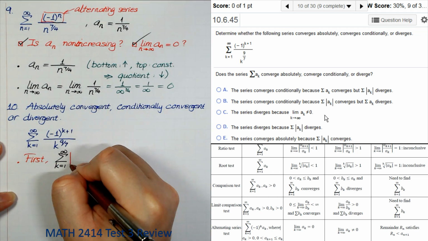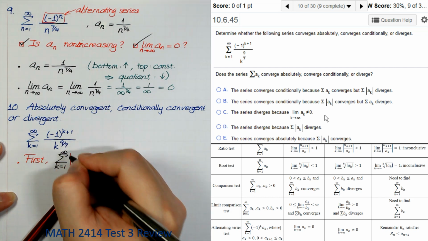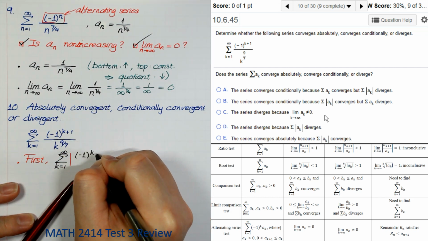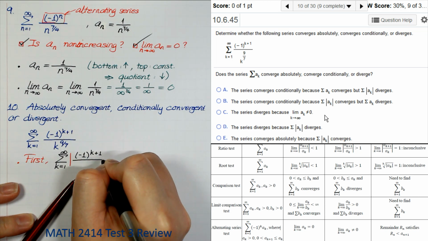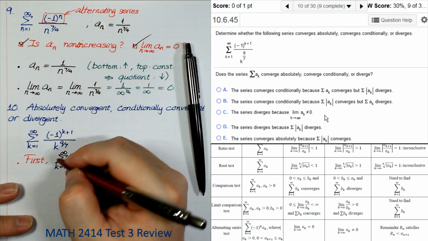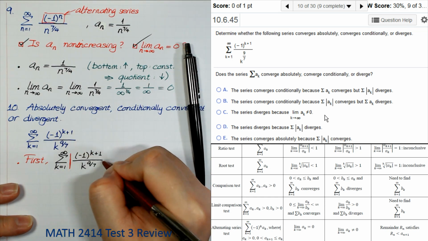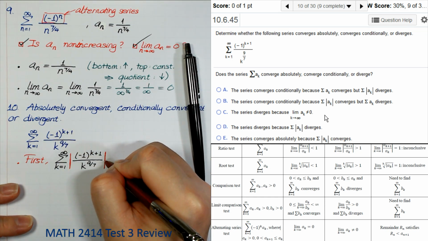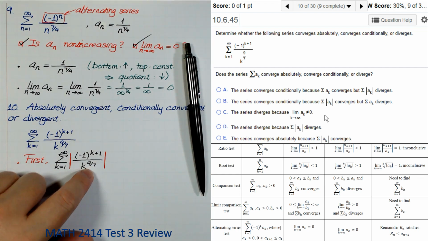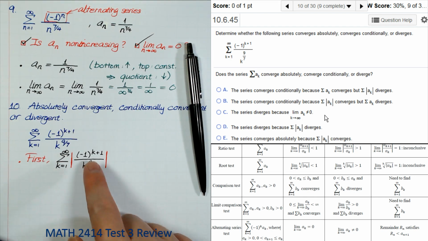When you put in absolute values, it kills the alternating sign.